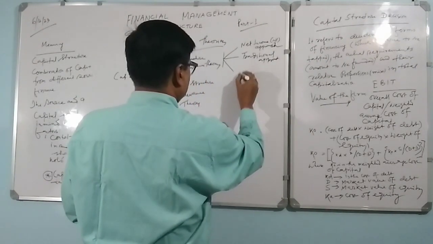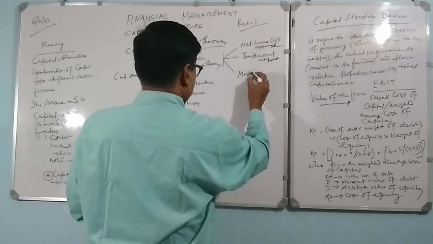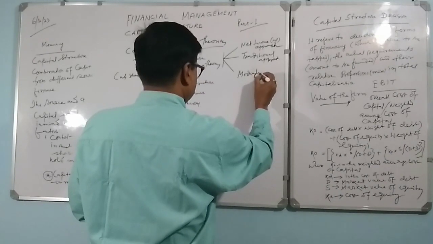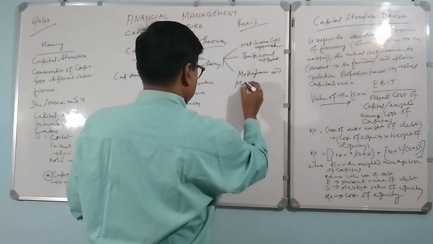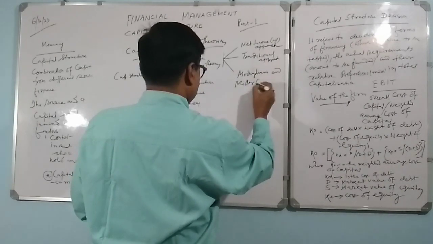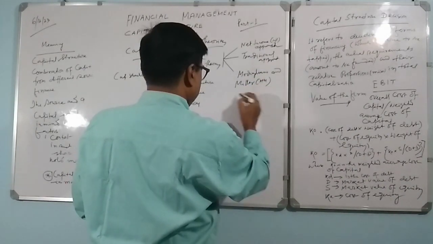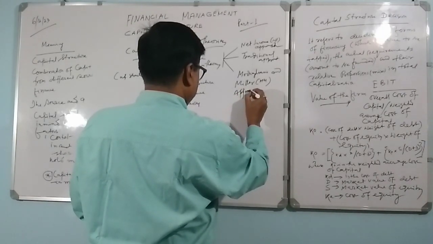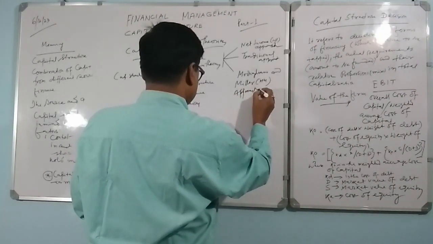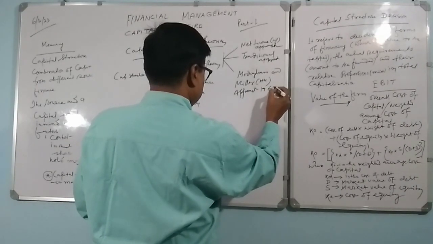And the third one is the Modigliani and Miller approach or hypothesis. This is also important when we discuss 1963.